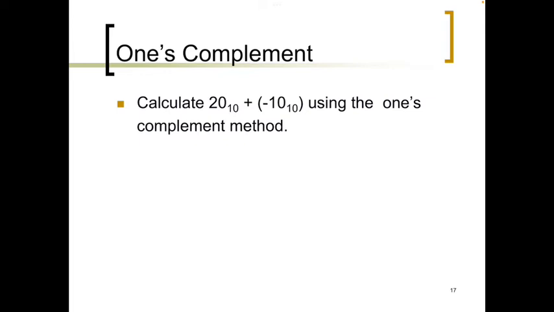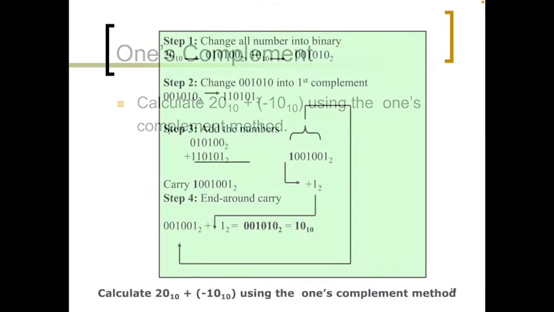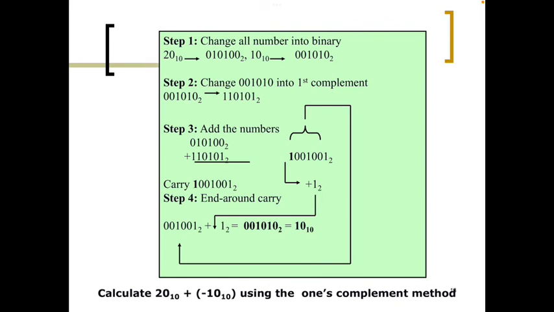So we look at this question. We have the question: calculate 20 plus negative 10 using the one's complement method. How can we solve it? First of all, we need to change every decimal number that we have into binary.